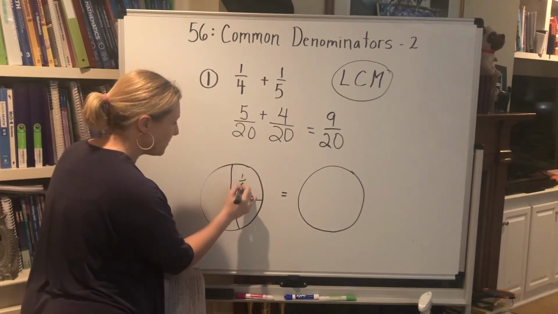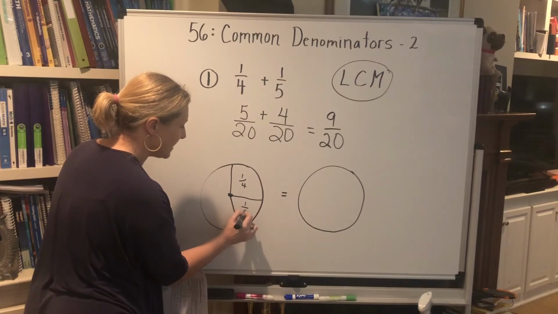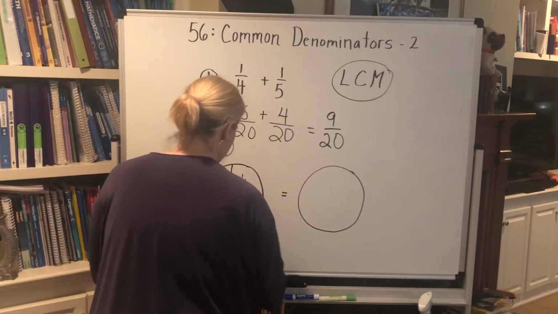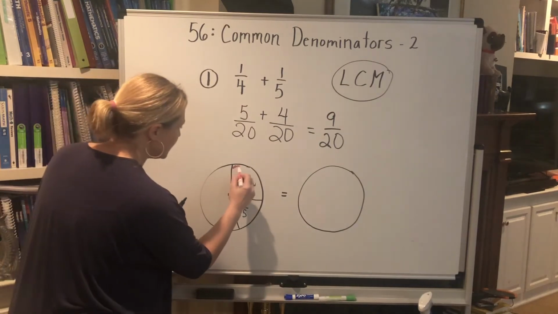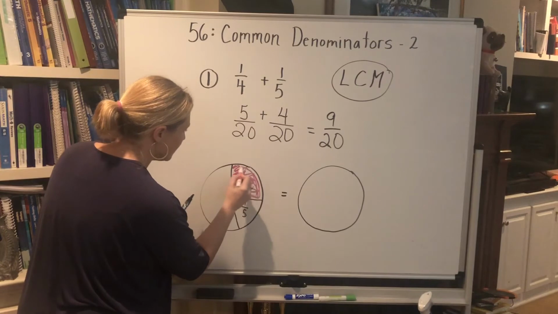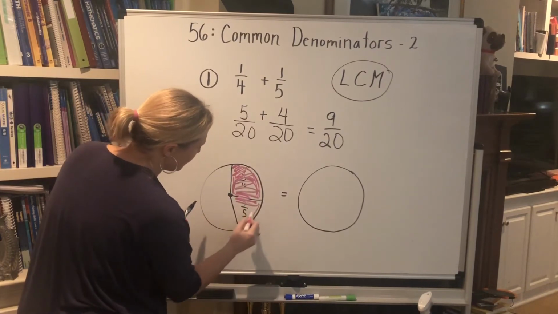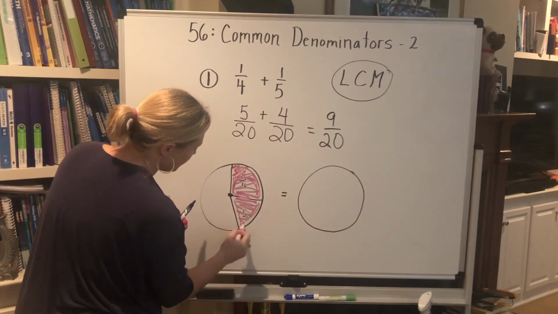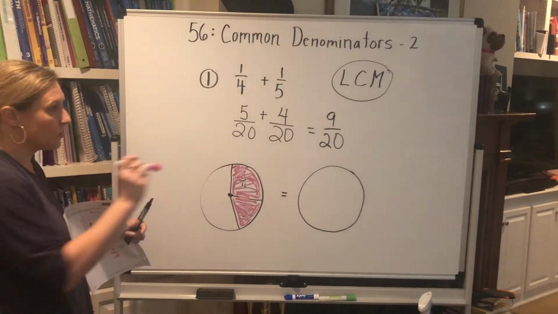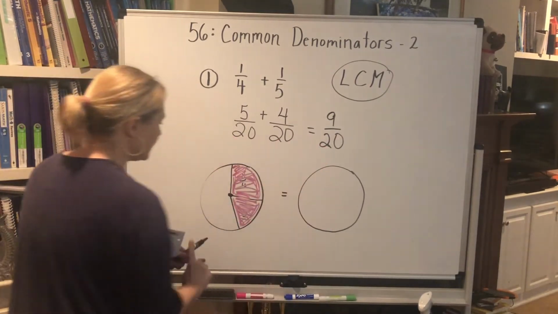So this is 1/4 plus 1/5. Okay, and I'm going to shade that in with a different color just so you can see when they match up. Okay, so 1/4 of a circle plus 1/5 of a circle is supposed to equal 9/20.